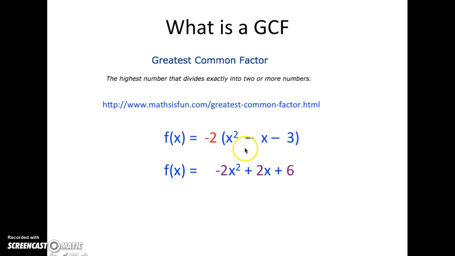Another way of looking at it is that -2 has been distributed to all the terms in this factor. As a result, for all of these terms, there is a -2 which is a factor of it.